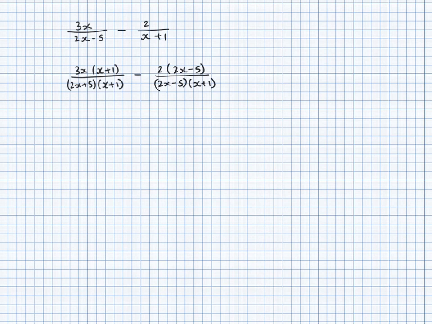Okay. Now we're going to multiply it out, but I'm not going to put the fractions together now. I'm only going to multiply this out, and I'm going to multiply that out. So what I'm going to have now is 3x squared plus 3x, and here we've got 2x take away 5, x plus 1, and on this I'm taking away 4x, and here what I'm doing is 2 times negative 5.